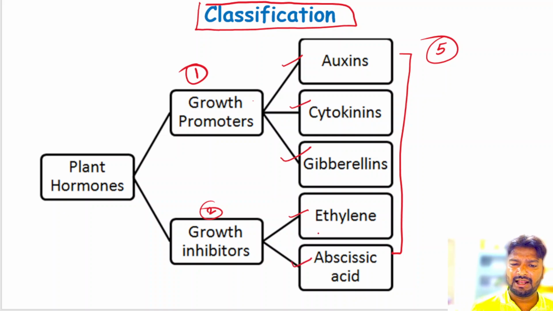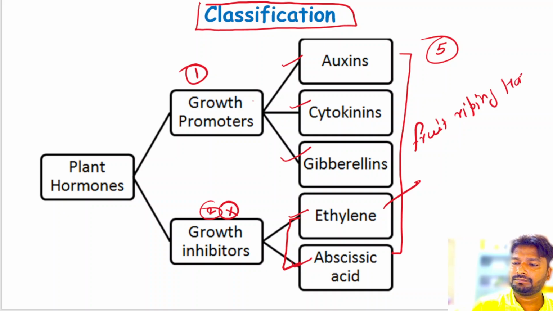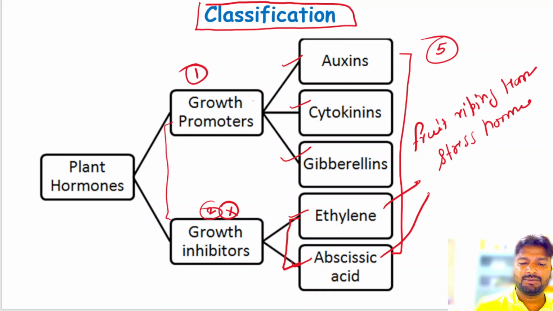But in modern times this classification is not considered, because ethylene and abscisic acid are not just growth inhibitors. Ethylene is known as the fruit ripening hormone, and abscisic acid is also known as the stress hormone. So today we do not follow this classification.